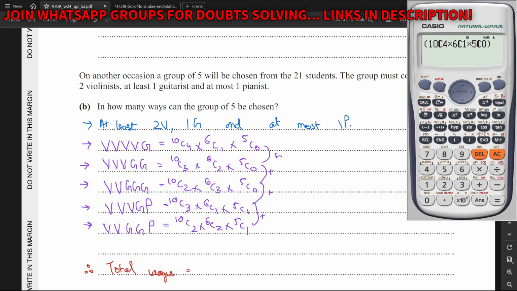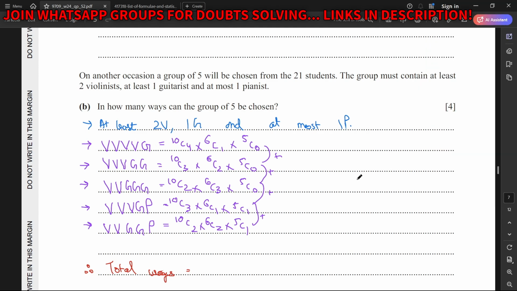Okay, it's going to take a lot of time for me to plug all of these things into my calculator, so I'll just fast forward this part for you. But I'll tell you what is the final answer that I'll be ending up with. Alright, so the answer comes out to be 10,935 ways. 10,935. And then this becomes our final answer.